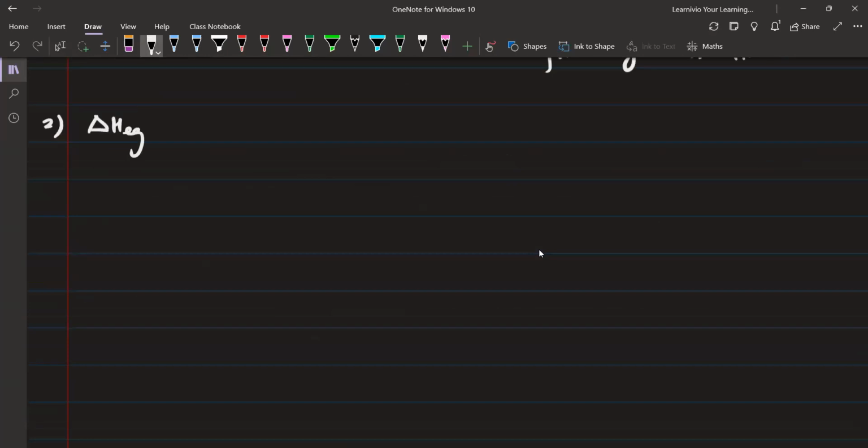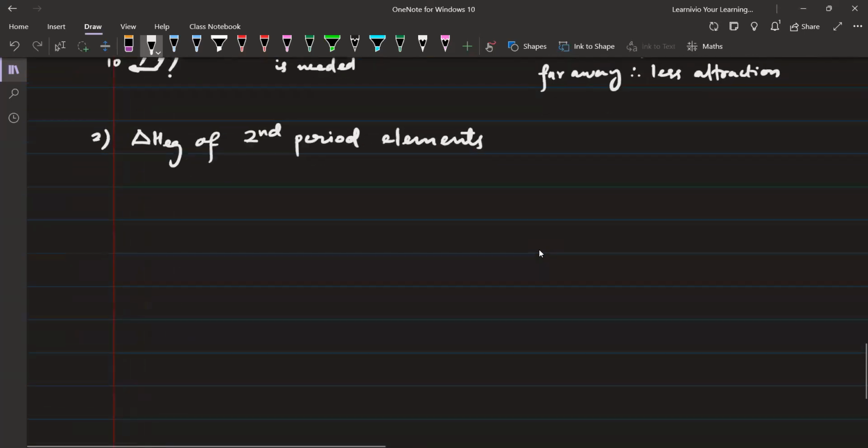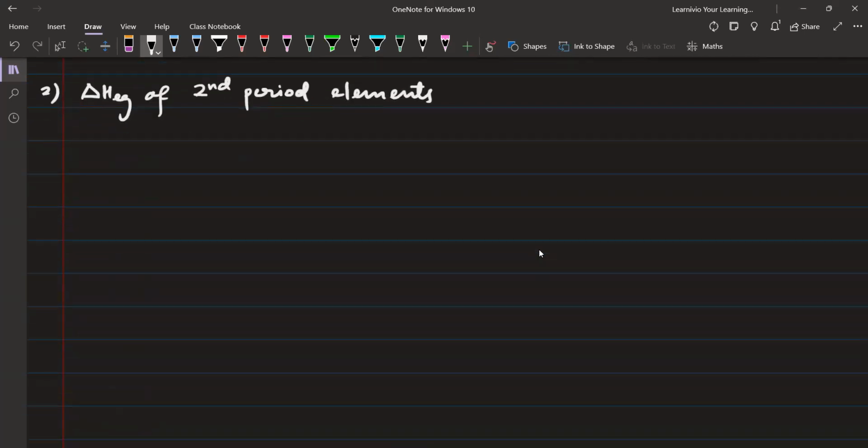Delta H eg of second period elements. Fine. So we are going to look at the trend now, how the second period elements behave. Now the second period elements are lithium. After lithium, what do we have? Beryllium.